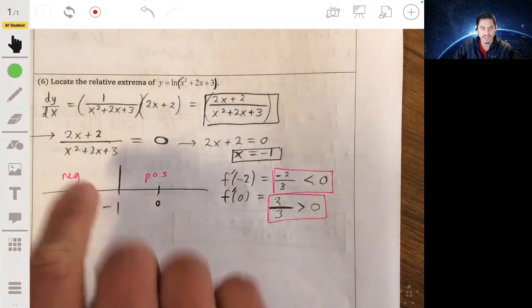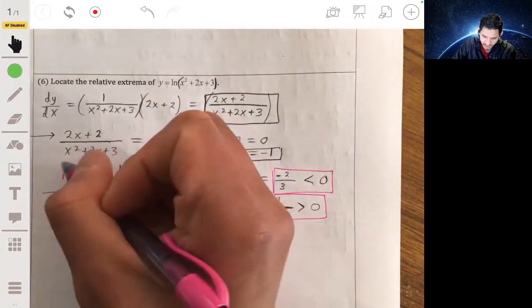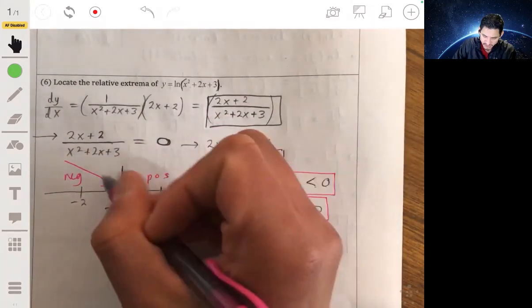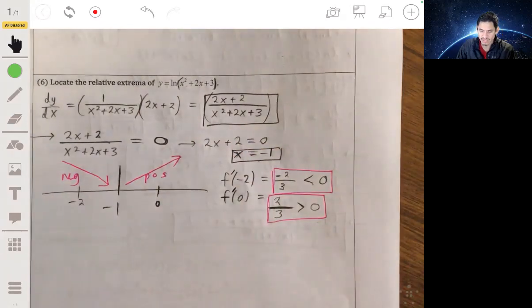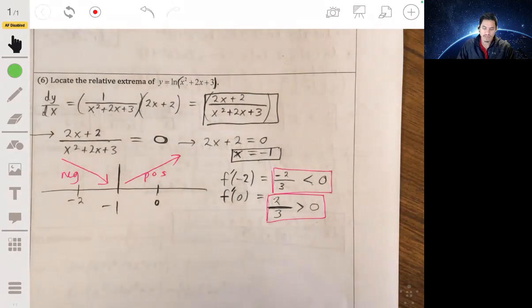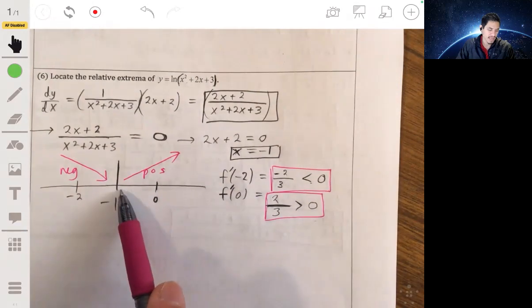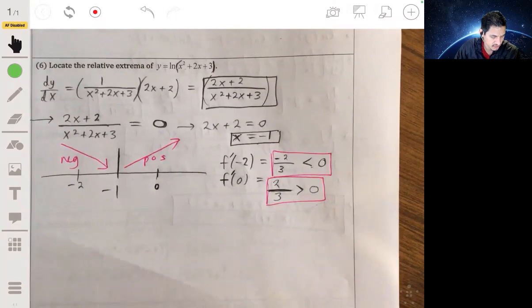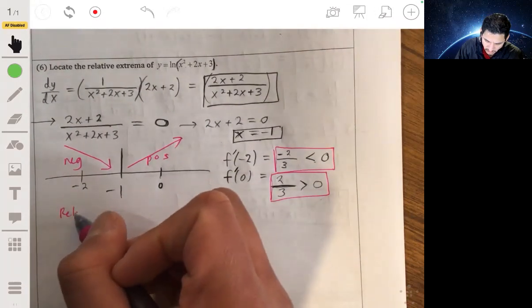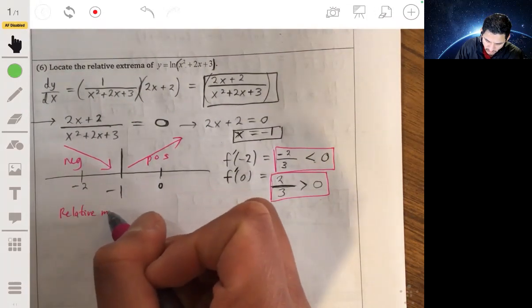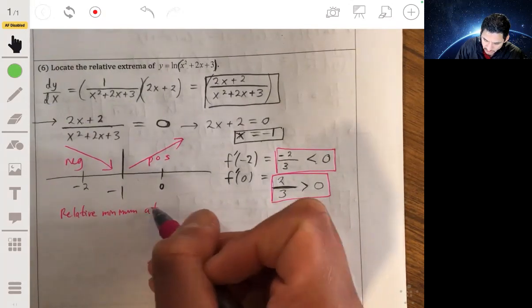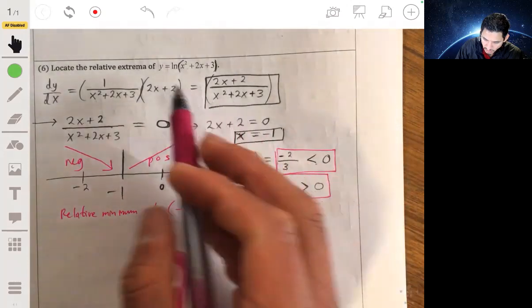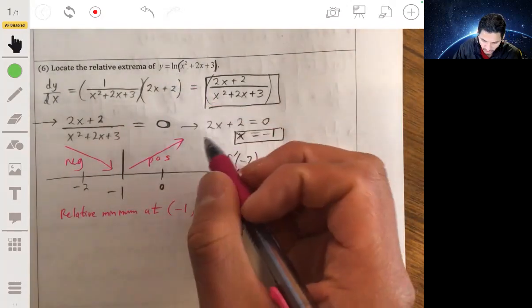So what this is telling you is that the function f is decreasing, it's going downward, and on this interval, the function is increasing. So that means there's going to be a relative minimum at negative 1, the relative minimum at negative 1, comma, f of negative 1.